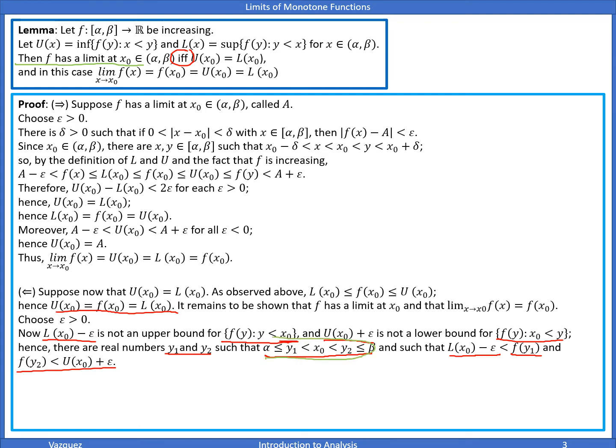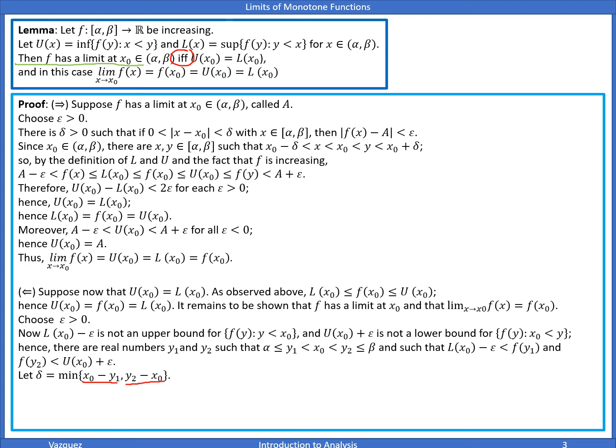This is what we're wedging, the y1 and y2, so that this holds, similar to the reasoning we just used above. Now we're going to let the minimum be either the one that or the one that's less. We're going to let delta be the minimum of x naught minus y1, and y2 minus x naught.